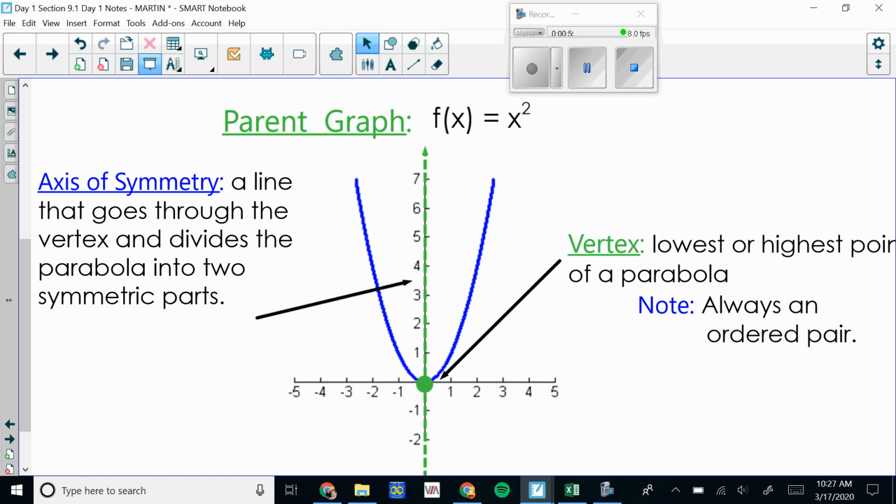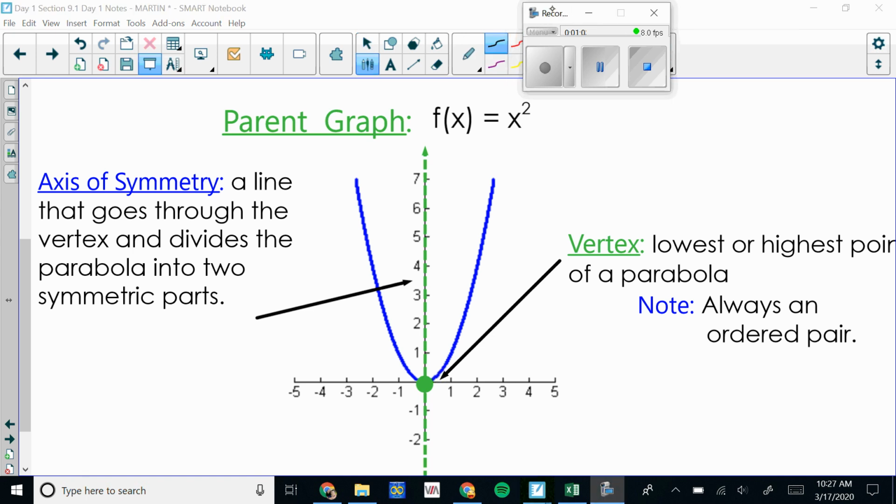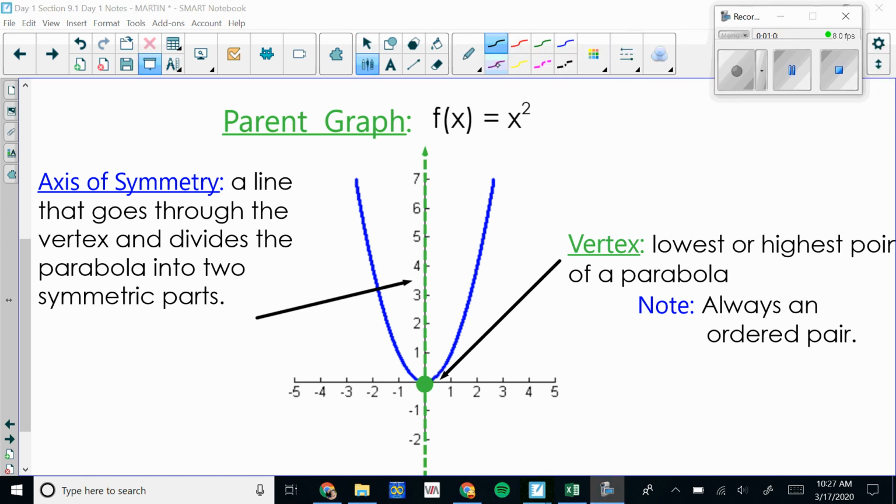To make it make sense, I could add plus 0x plus 0, my a, b, and c terms. If these are 0, they go away, and we're just left with x squared.